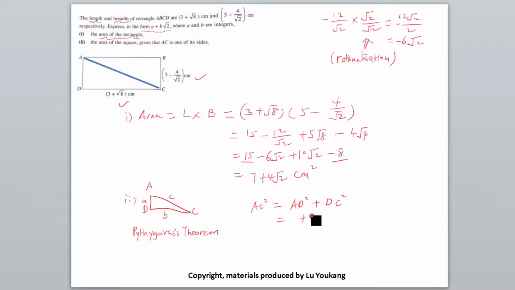So AD is my BC, right? In fact, you can see I have switched position here, but it does not matter. So now my job is to open the brackets and see what I have got.